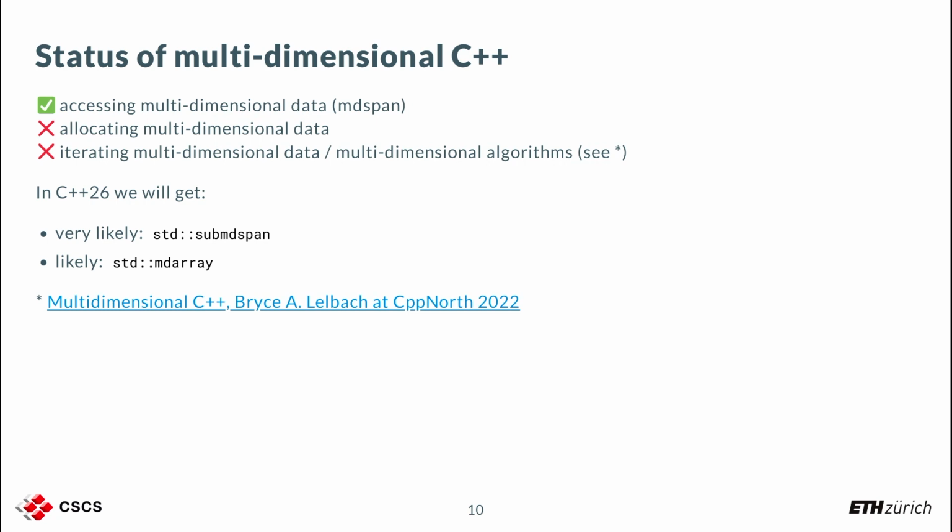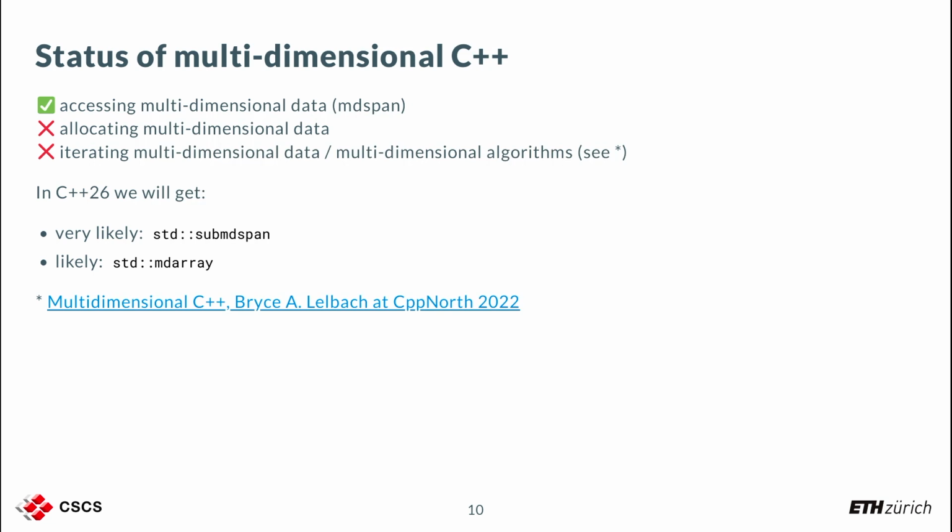Now mdspan gives you how to access the multi-dimensional data. You still have to allocate your data yourself, and you have to write your own algorithms. There's nothing in the C++ standard library that helps you really deal with multi-dimensional data.